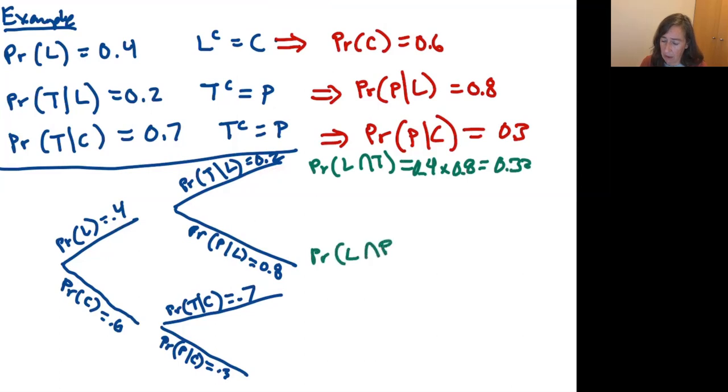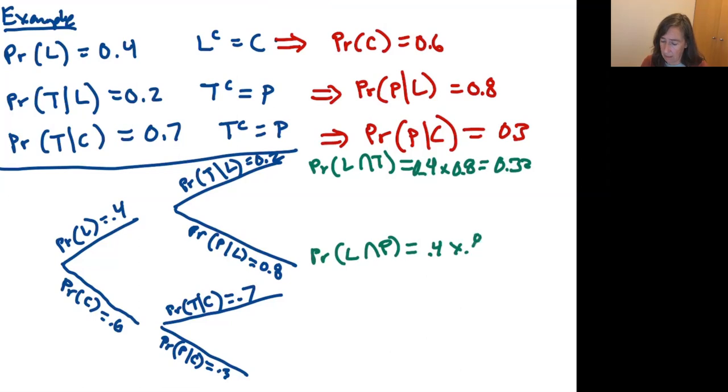And the probability that I am liberal and progressive is down here. I've gone down the liberal path and then the progressive path. The joint probability is the product of being liberal and then being progressive, conditional on liberal. So 0.4 times 0.8.